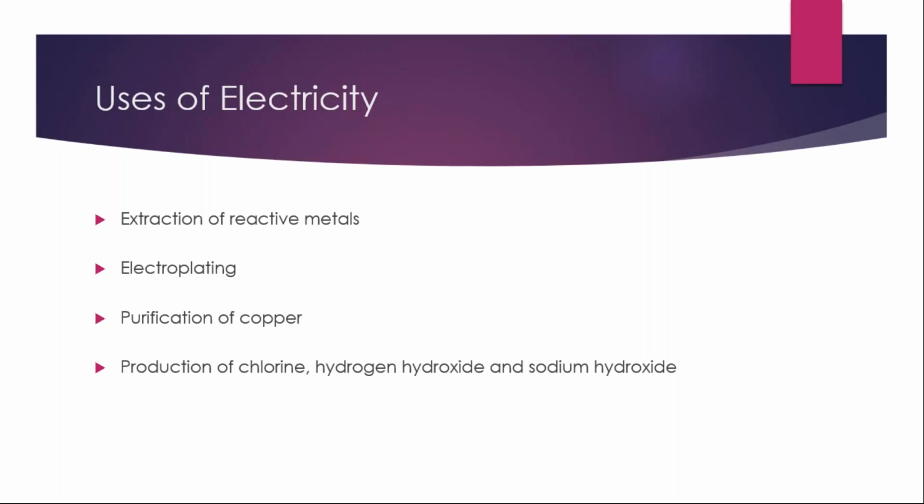Electroplating is basically the process of plating one metal onto another by electrolysis, either for decorative purposes or to prevent corrosion of that metal or iron. That is all referred to as electroplating.